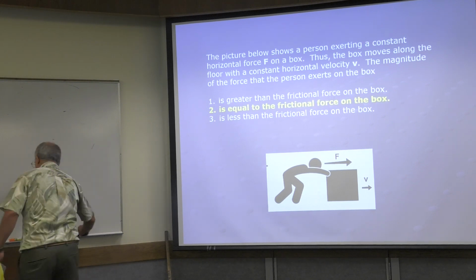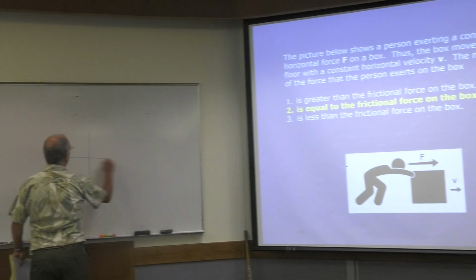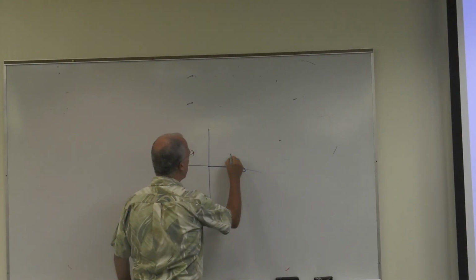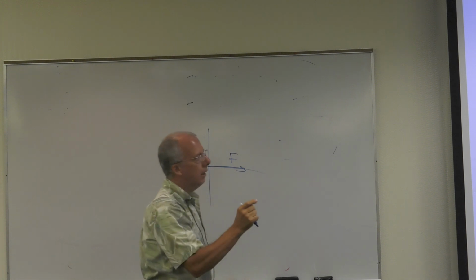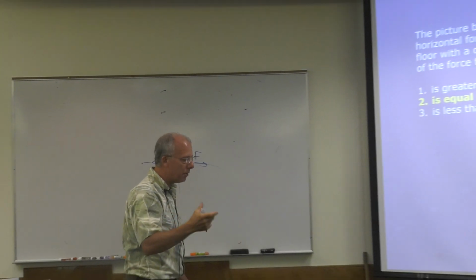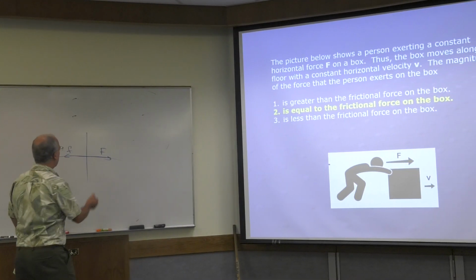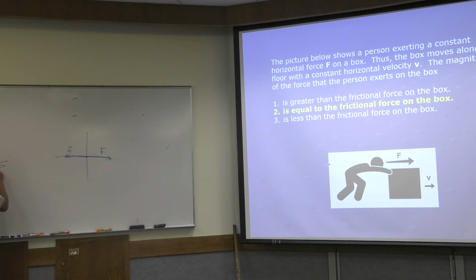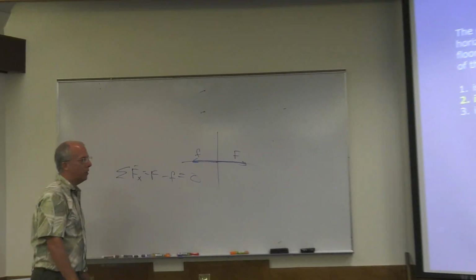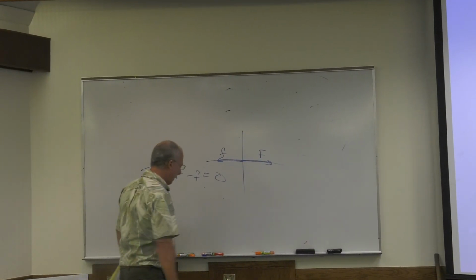Because if you're going to draw the force diagram, you have F this way, you have friction that way, but again, the horizontal velocity is constant, so the acceleration is 0, so this force has to be equal and opposite to that force, right? Because the sum of the x forces equals F minus F friction, and that has to be 0, because acceleration is 0.